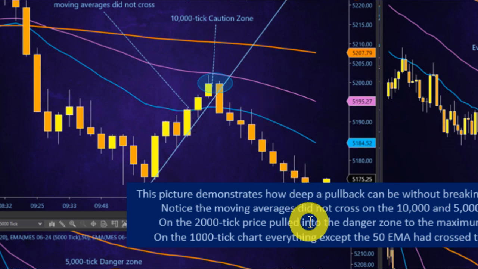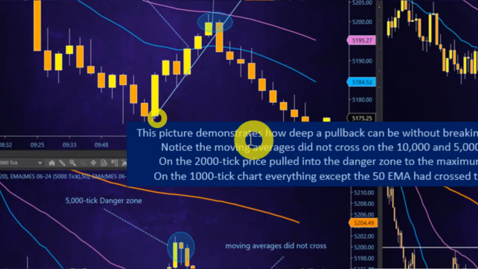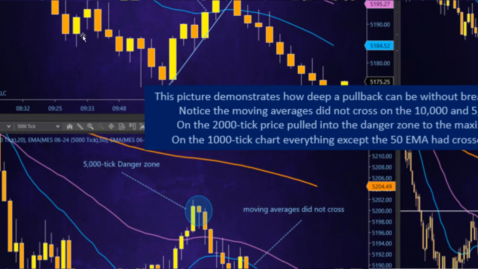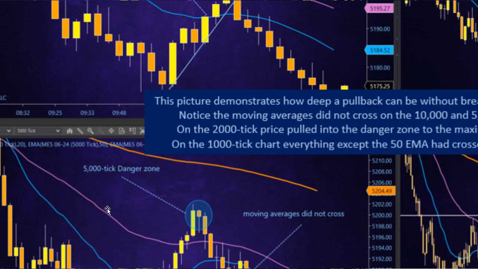The key to this whole thing is we're trying to stay in the momentum direction, and when these moving averages cross one another, the momentum has changed. Okay, if we can keep the momentum on the 5,000 and the 10,000 tick chart going the same direction at the same speed without breaking the moving averages, that's a higher probability change. That's a high probability trade opportunity.